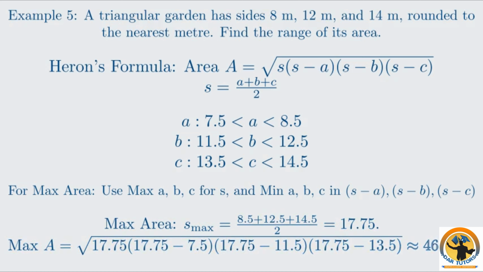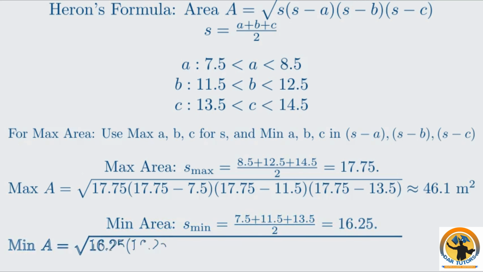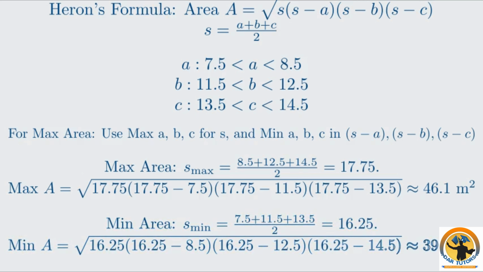Substituting this with the maximum side lengths gives the minimum area. Calculating these values gives us a maximum area of approximately 46.1 square meters and a minimum area of approximately 39.0 square meters. The IB exam will often ask for the lower or upper bound specifically or the full range.